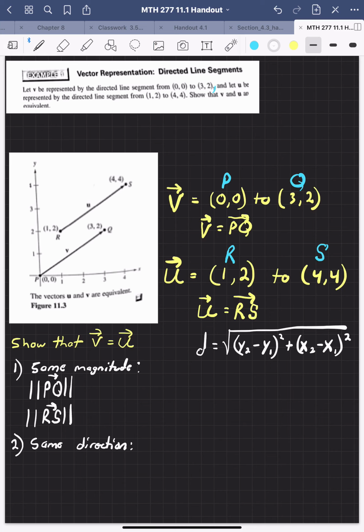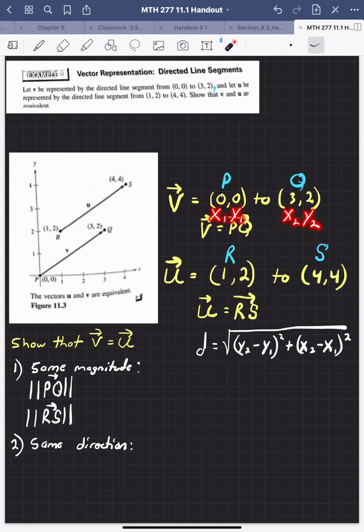All right, so I'm going to go through this quickly. We'll start with P to Q. At this stage, we just need to label. We can label this x sub 1, x sub 2, my apologies, let me try that again. X sub 1, y sub 1, x sub 2, y sub 2.